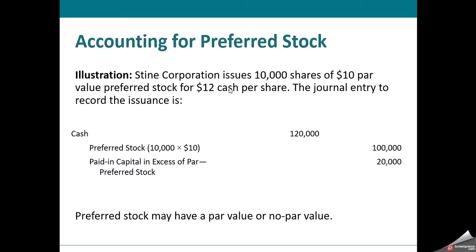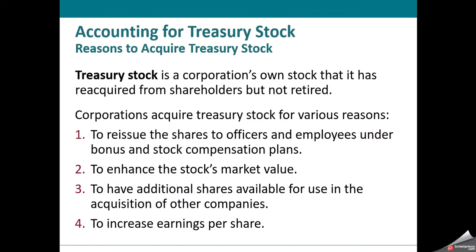So our 10,000 shares times $12 is where we get the cash amount. To the preferred stock, it's only the par value, so 10,000 shares times $10. Anything in excess of that goes to paid-in capital in excess of par, but now you can see it's dash preferred stock. So again, it's just a separate account that shows it's related to preferred stock and not common stock.